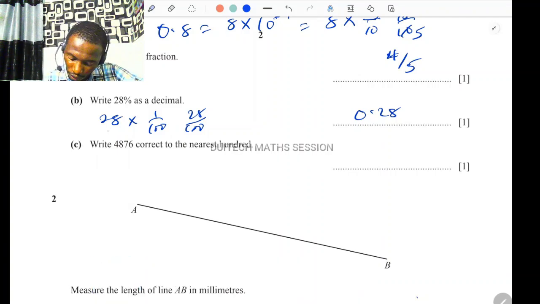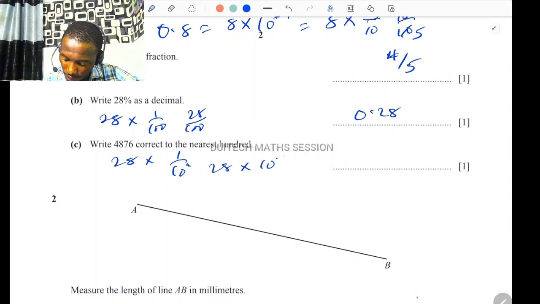And of course, you can as well use standard form to solve this. Like this one, you have 28 over 100, then you can say 28 times 1 over 10 squared, right? Now 10 squared is the same as what? 28 times 10 to the index minus 2, two leading zeros, because it's 10 squared here. So this is the result when you multiply it.